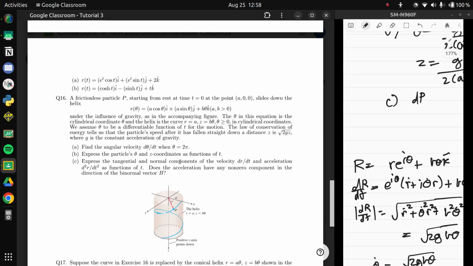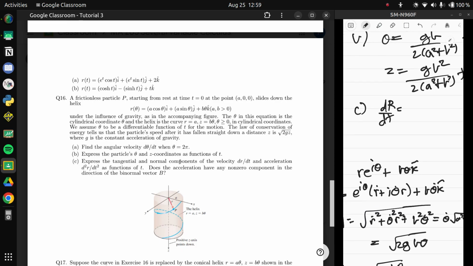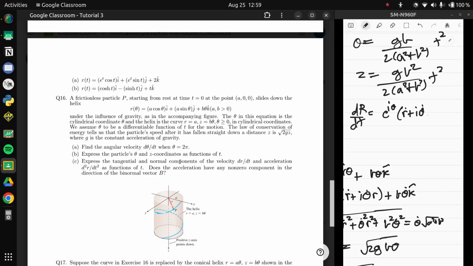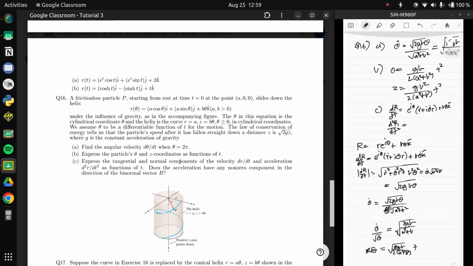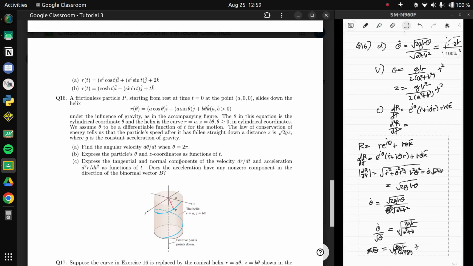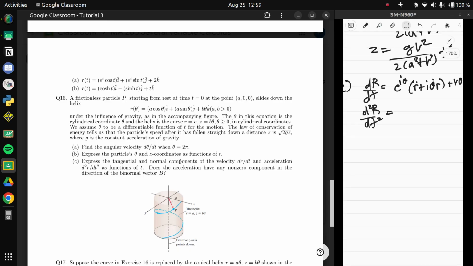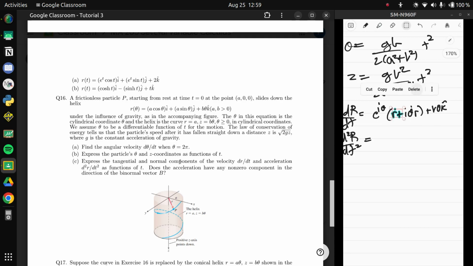So dr by dt is just this stuff, e to the i theta, right? And then d squared r by dt squared is just another time derivative of this stuff. Oh, and by the way, r dot is 0, so that is not there.